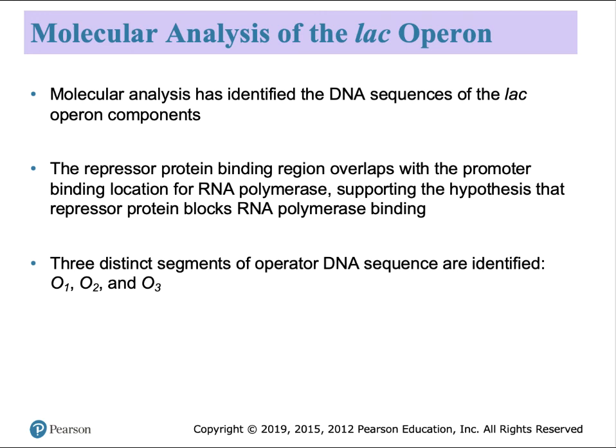Molecular analysis and breakdown of the chromosomes around and within the lac operon is now beginning to show its secrets. The operator is in fact overlapping with the promoter to some degree, the operator region. And three distinct segments of the operator DNA sequence have been identified: O1, O2, and O3.